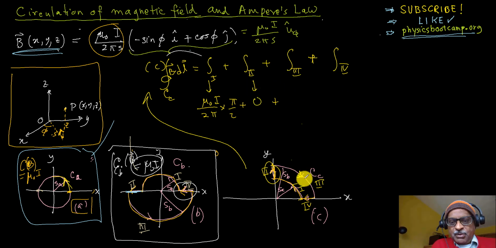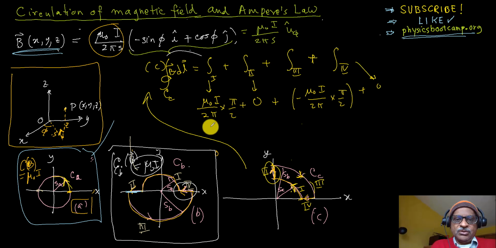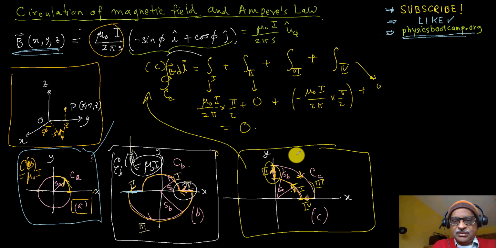Now this part is the problem here, right? Here it looks like it's going to have the same answer as that, but no, it's going in the opposite direction. So this is actually minus mu naught I over 2 pi times pi over 2. And you need to know why I got a minus sign. And then this will be 0. So when I add the whole thing up, I get 0 here. So for this one, the circulation is 0.